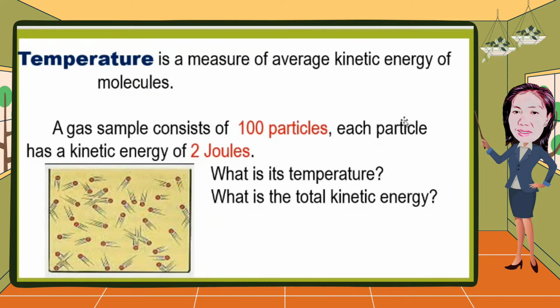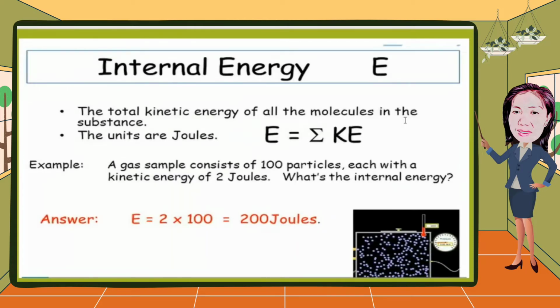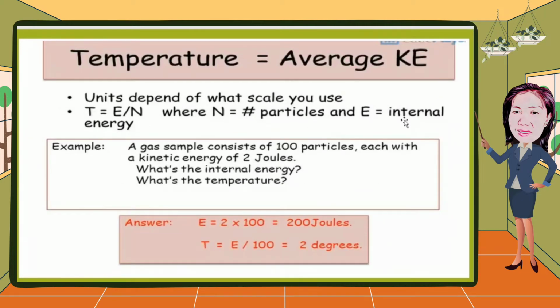Okay, so based on the definition of temperature, it is the average kinetic energy of molecules. So to get the temperature of a substance, the equation is T, which stands for temperature, equals E divided by the number of particles.